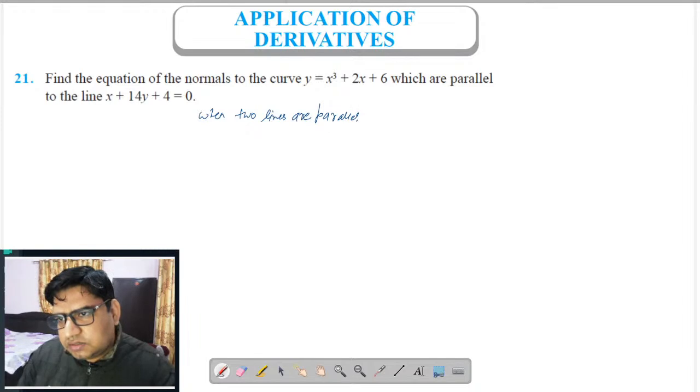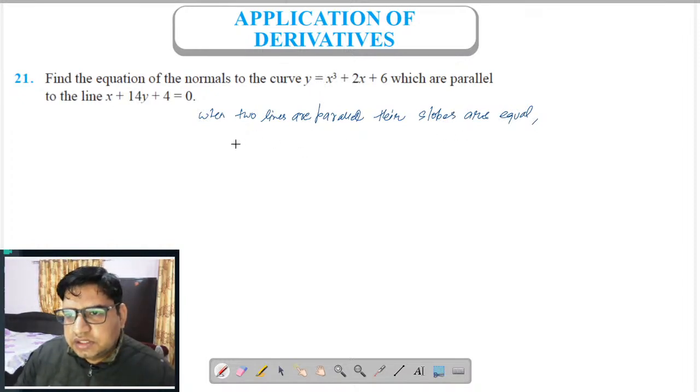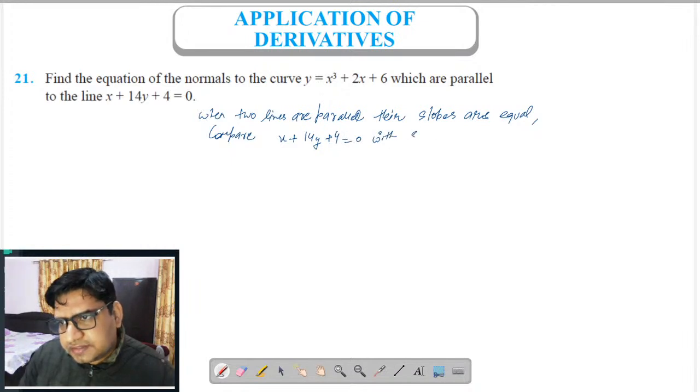When the two lines are parallel, their slopes are equal. So this is the most important point you need to remember. Okay, and if you compare x plus 14y plus 4 is equal to 0 with slope intercept form, which is y is equal to mx plus c.